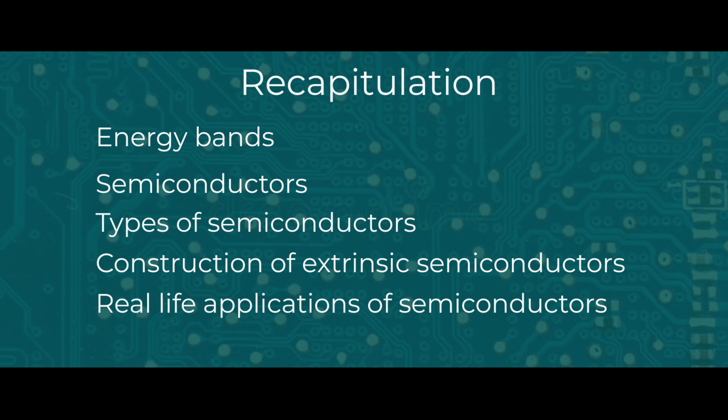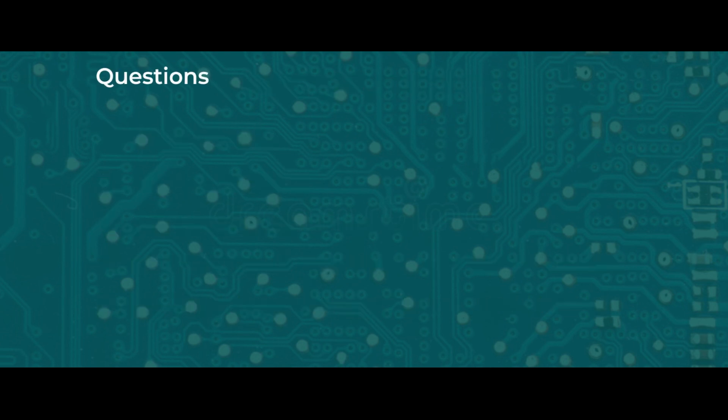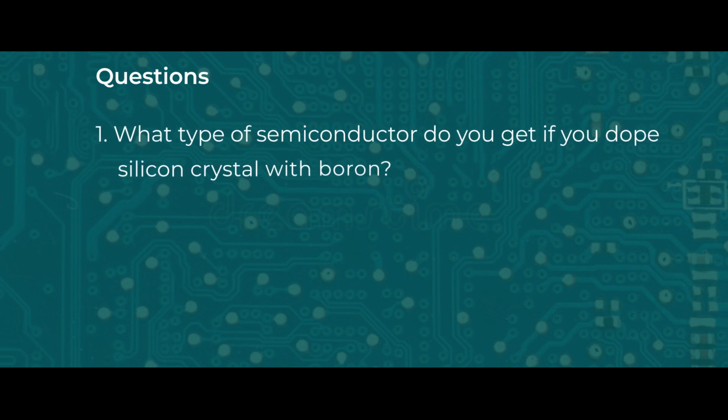Now finally, let's look at some questions. The first question is, what type of semiconductor do you get when you dope a pure silicon crystal with boron atoms? So do you get n-type or p-type? You can first find the position of boron in the periodic table, or you can find its valence electrons.